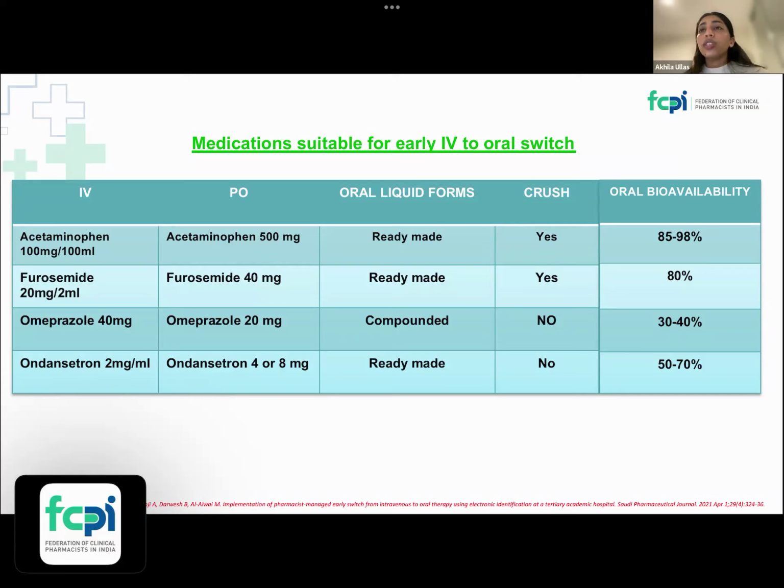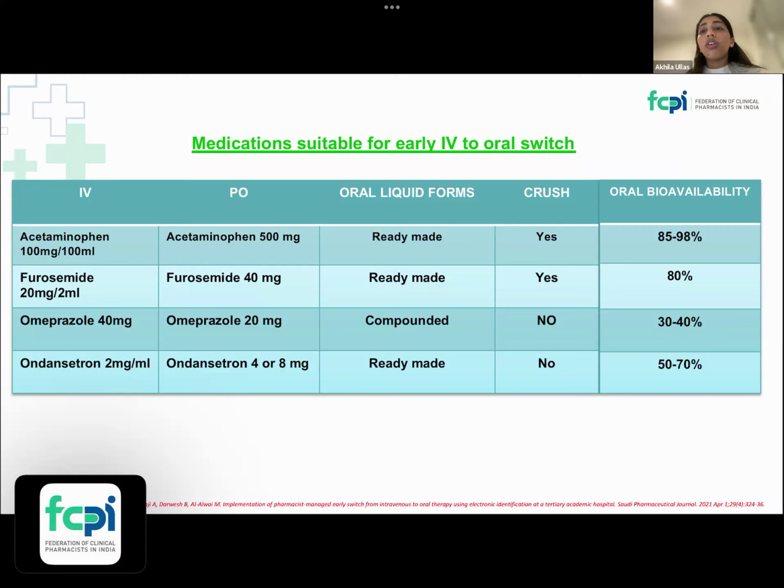Whenever you switch from IV to oral, you need to check the pharmacokinetic parameters of the drug. What other excipients or additives are used in that particular formulation, whether the kinetics or metabolites change to any active or toxic metabolites, whether you can crush it or not, and what will happen after crushing enteric-coated, sustained release or controlled release compounds, how it will affect the absorption and therapeutic efficacy for that patient.